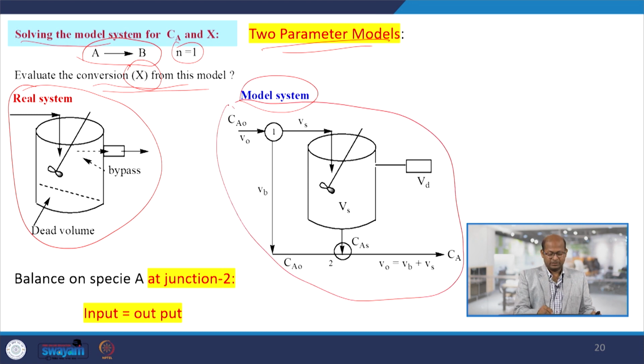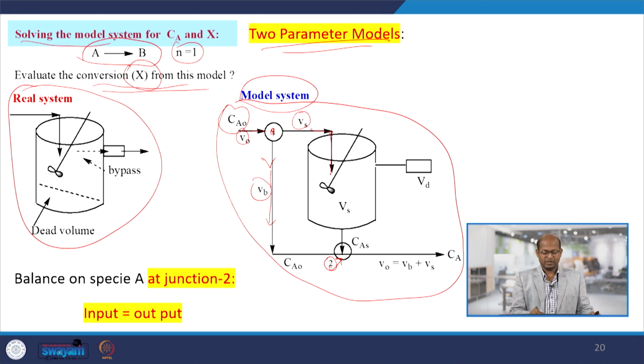Here Ca naught is the initial concentration, and this here is junction 1, and this is junction 2. The feed volumetric flow rate is split into Vs and Vb. One volumetric feed comes this way without reacting or passing through the reactor.